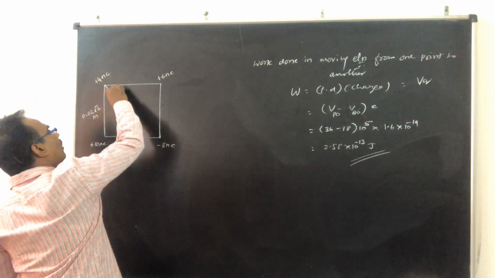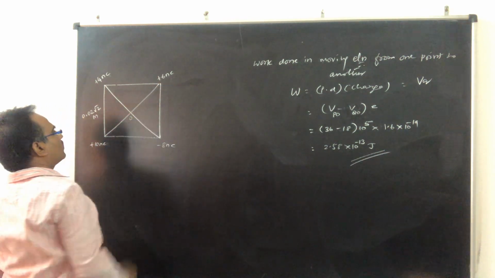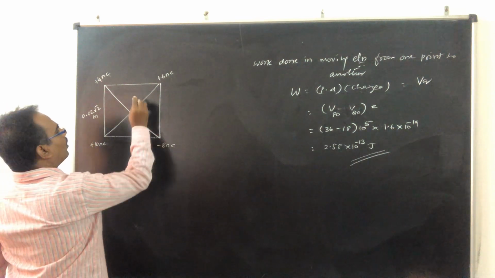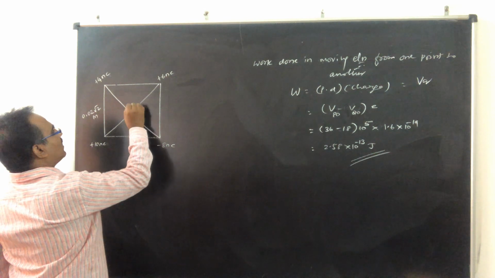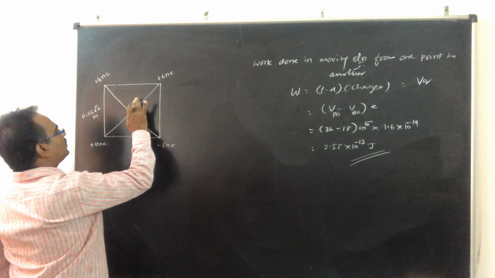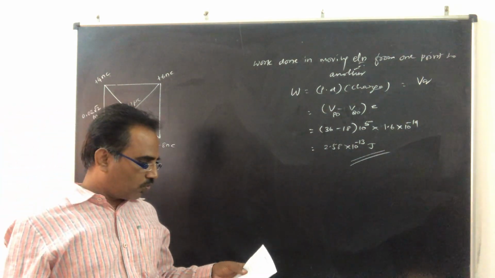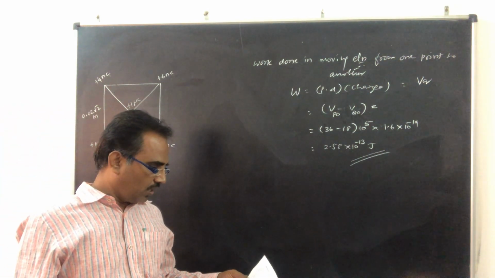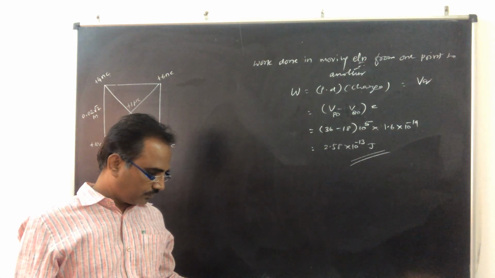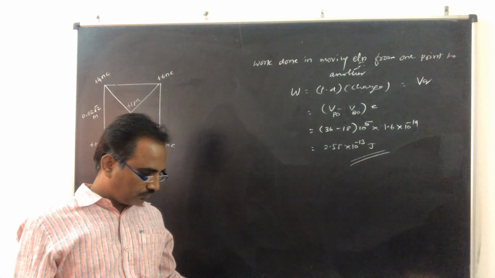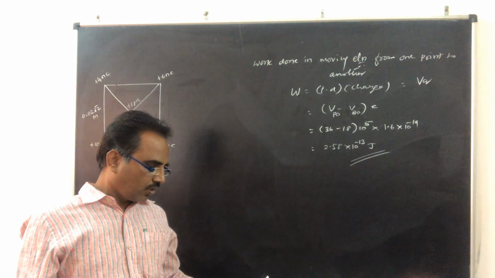So here, this is the center of the square. If I consider a plus 1 microcoulomb charge here at the center, you are asked to find the potential.